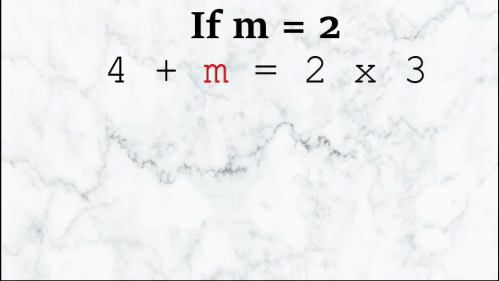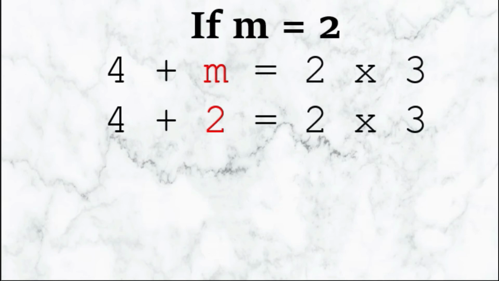That means if m is equal to 2, we will change the value of unknown m into 2. So 4 plus 2 is equal to 2 times 3. So 6 is equal to 6. Okay, we have solved our first algebra equation.